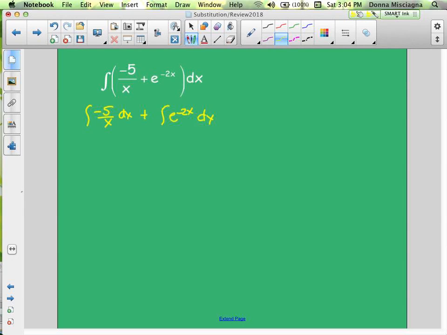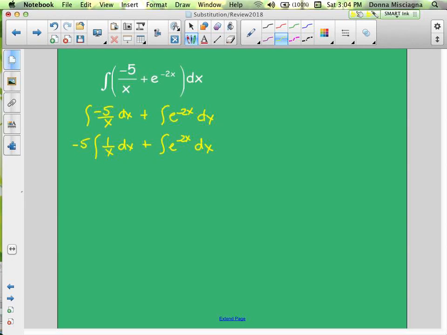Now I can factor out that negative 5; you can factor out coefficients. So that would be negative 5 times the integral of 1 over x dx plus the integral of e to the negative 2x dx. You should know the integral of 1 over x. That one is pretty straightforward and doesn't need substitution.